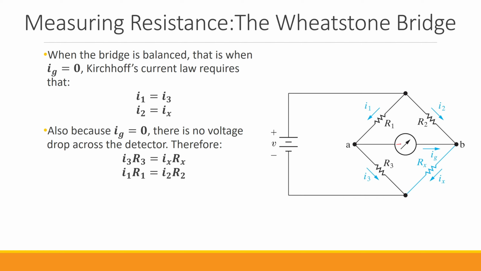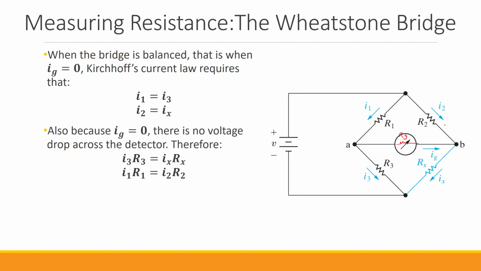Even if it has a small Rg, when multiplied by a 0 value to calculate the voltage drop, it's going to be 0. Which means that I3 R3, the voltage here, equals Ix Rx, and also I1 R1 equals R2 I2.